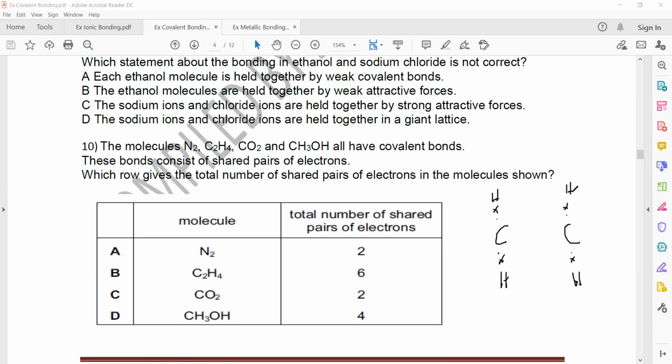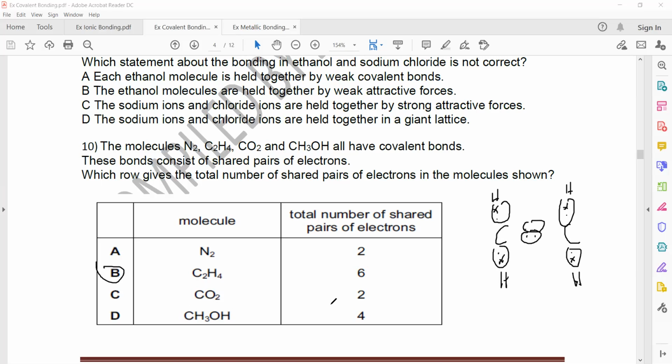Now the sharing of hydrogen is finished, but carbon, group 4, shares 4, so the remaining 2 it will share with the other carbon. So how many pairs are there? 1, 2, 3, 4, 5, 6. So 6 pairs of electrons are shared. So B should be the right answer.